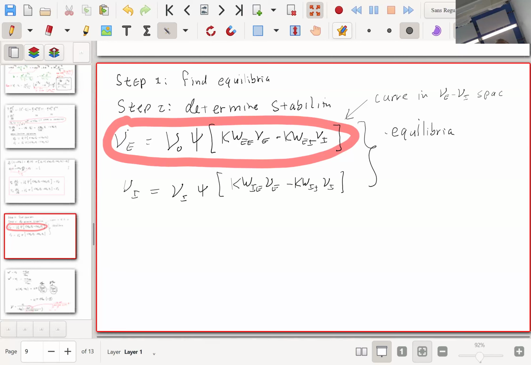Okay. And what we're going to do is find both curves. We're going to find the curve for the excitatory term and the curve for the inhibitory term, and where they cross is an actual equilibrium. Okay, so that's the plan.